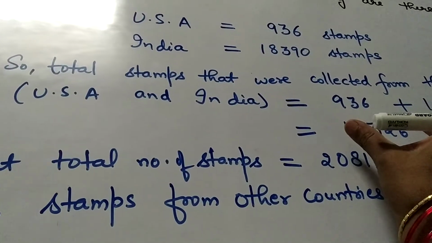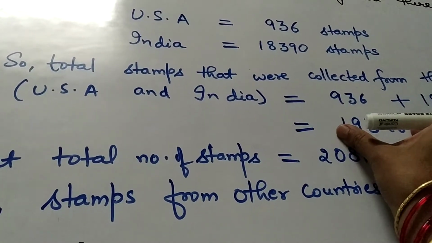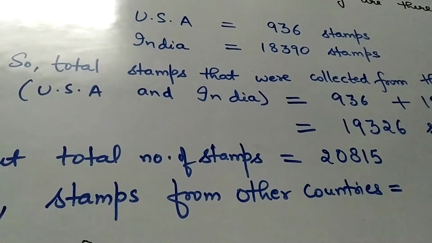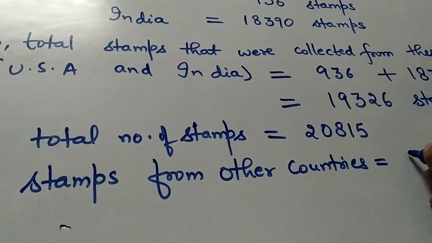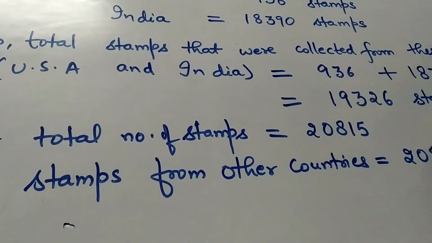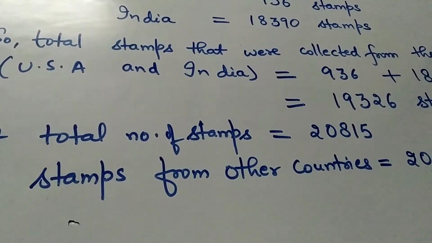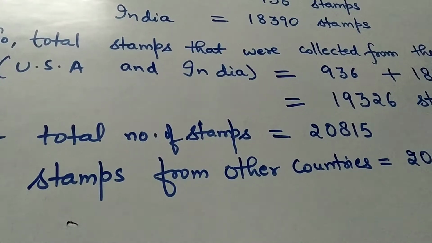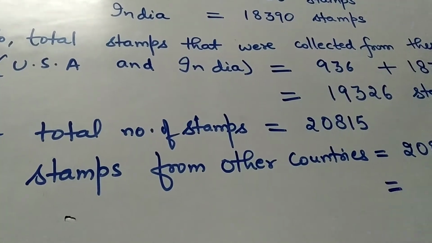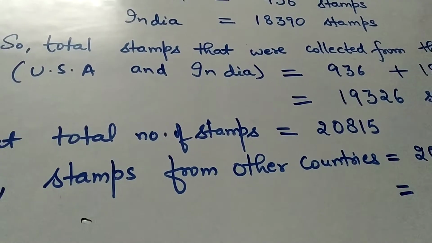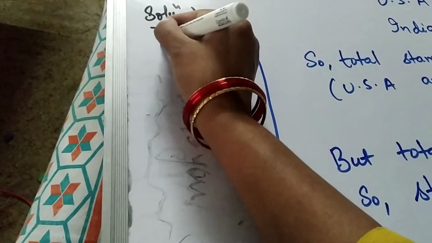If I subtract these two countries' stamp number from the total number of stamps, right? So total number of stamps is 20,815 minus these two countries 19,326. Right? Now let's do the rough work. I'll do it here so that you can understand separately.